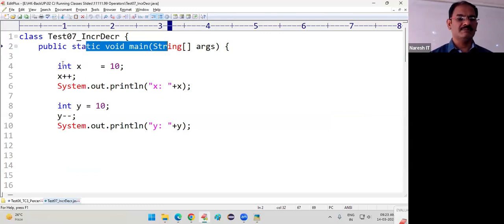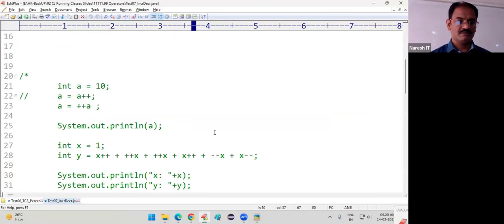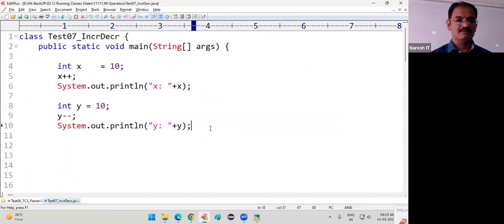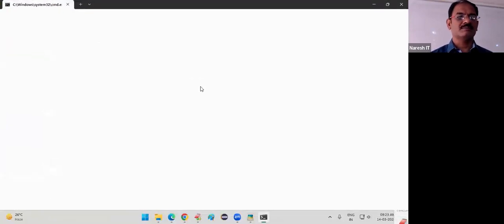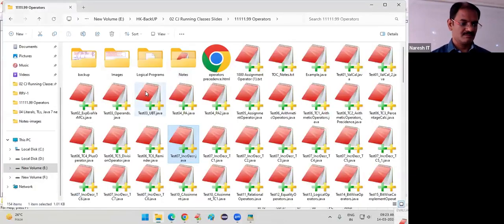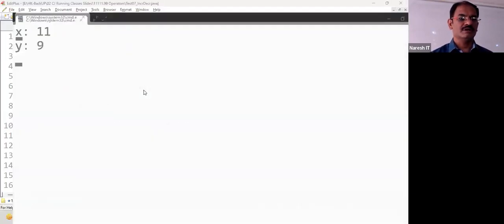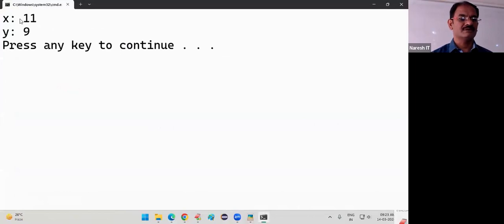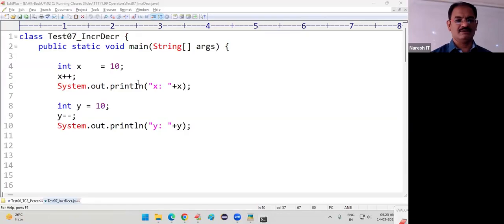Test program, main method, int x equal to 10, x plus plus, print x value. Then a y variable, y minus minus, print y value. Control 1, compile. Control 2, execute. Look at that, x value is 11 and y value is 9. Okay, next.